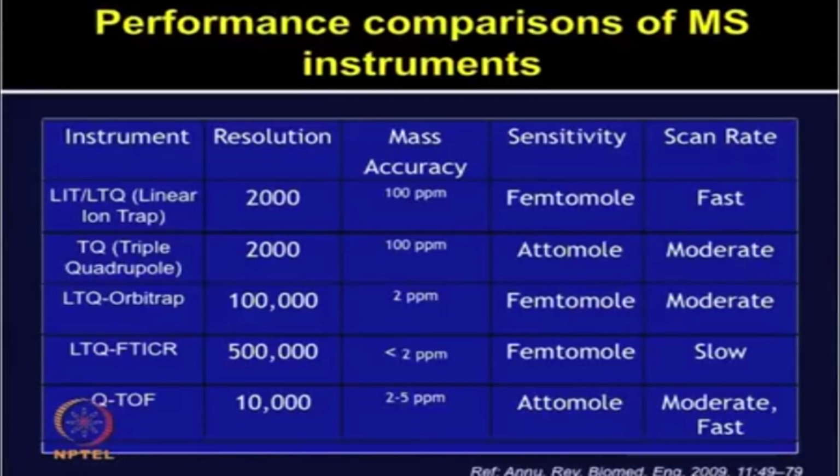LTQ FTICR can provide very high resolution of 500,000, mass accuracy less than 2 ppm, sensitivity in the femtomole range, and slow scan rate. The quadrupole time of flight provides resolution more than 10,000, mass accuracy 2 to 5 ppm, sensitivity in the attomole range, and scan rate is moderate to fast.